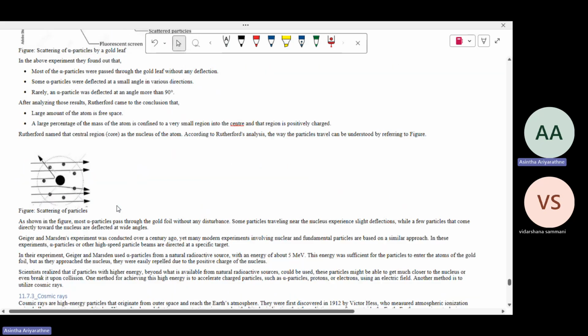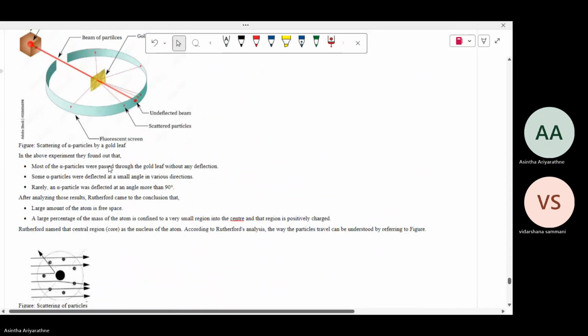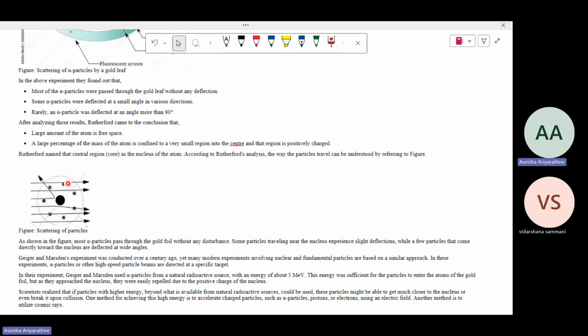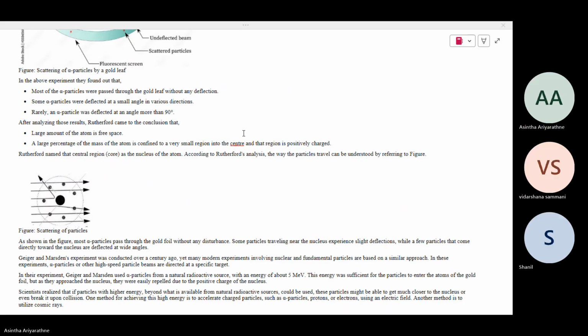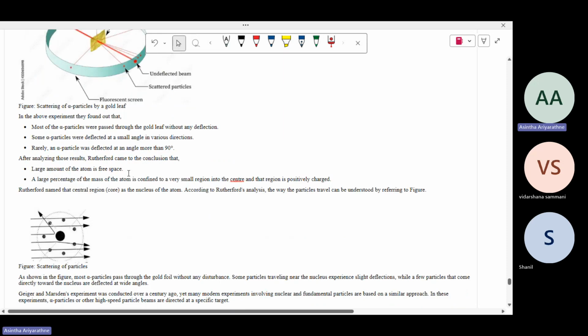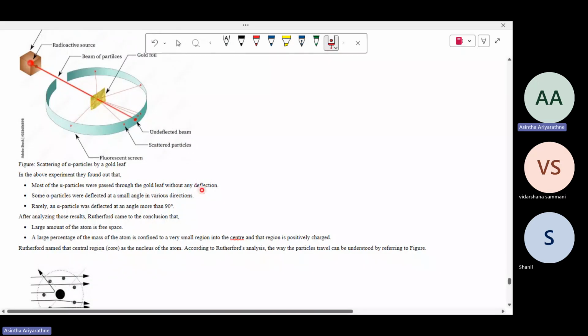So from this experiment, scientists, mainly Rutherford, were able to find that most of the atom is just free space.